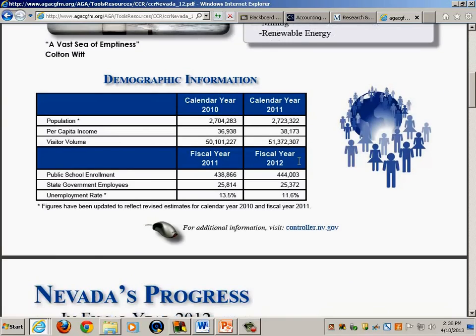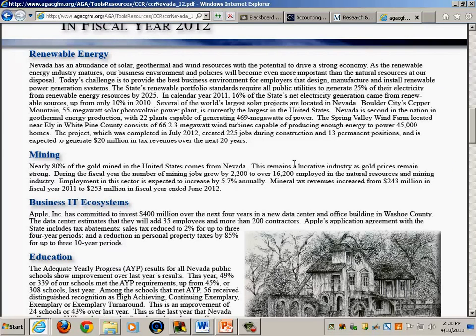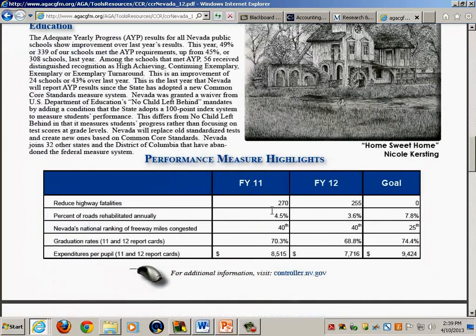The second page is a progress report which you cannot read, but it provides a performance report on its mission and some key data. It talks about renewable energy, which is important, mining, IT, education, and these are the performance measures. You don't see this.